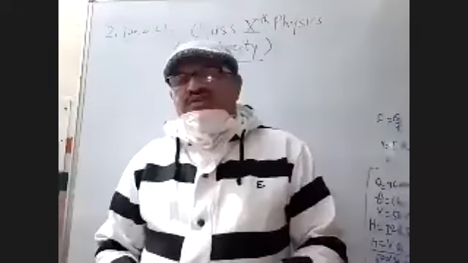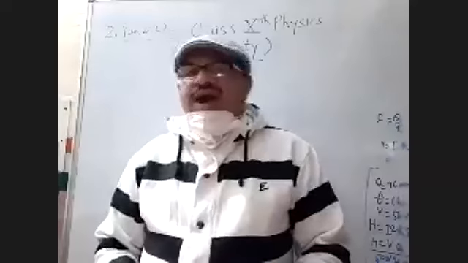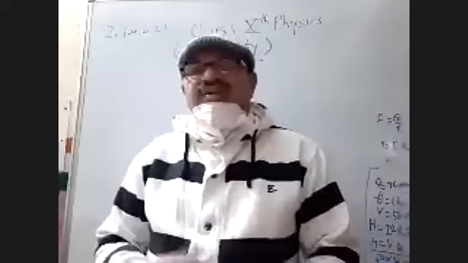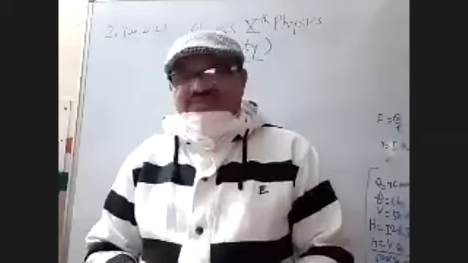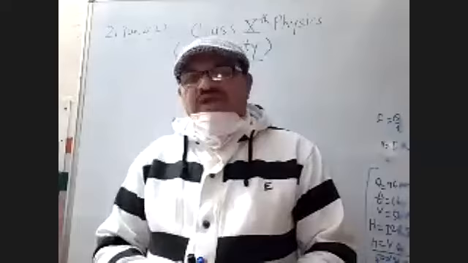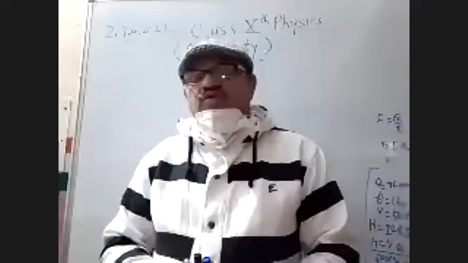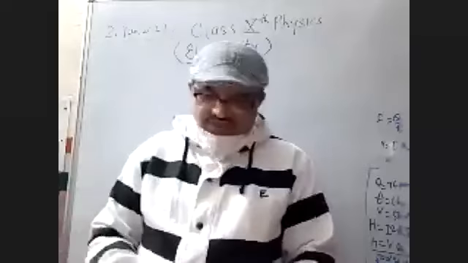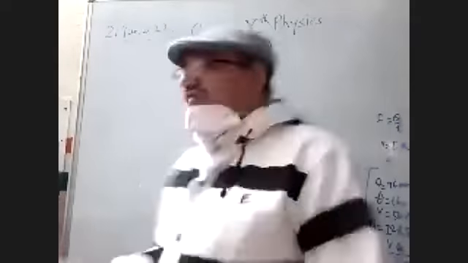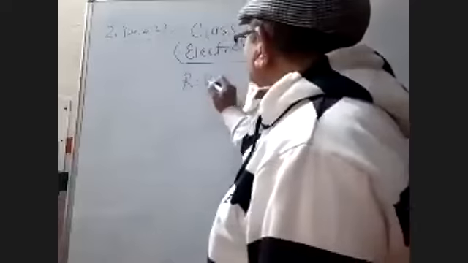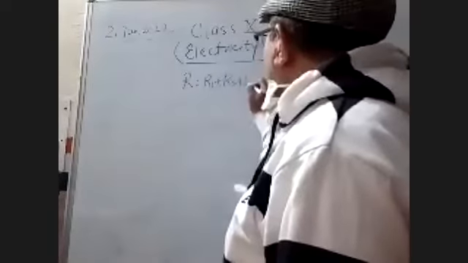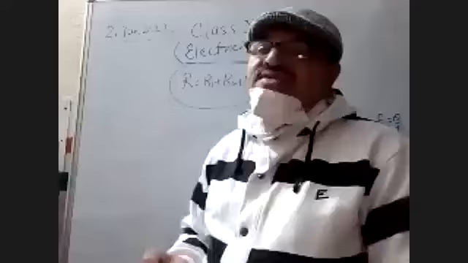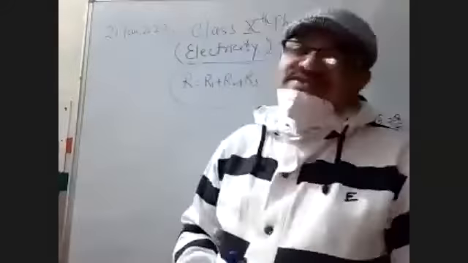The total resistance will be R = R1 + R2 + R3 and so on, for any number of resistances. I can calculate the total resistance using the formula R = R1 + R2 + R3. This is the combination when three resistances are connected in series.